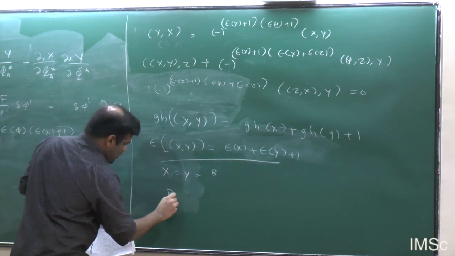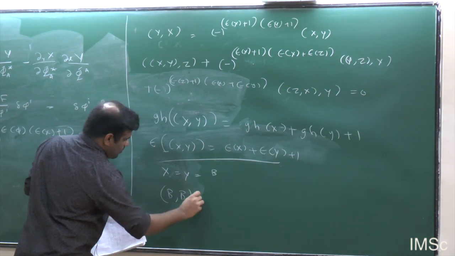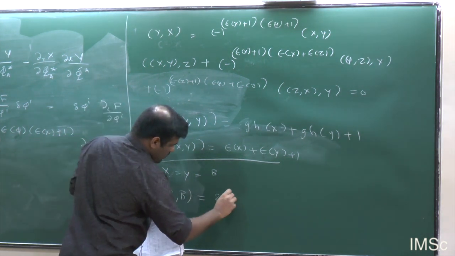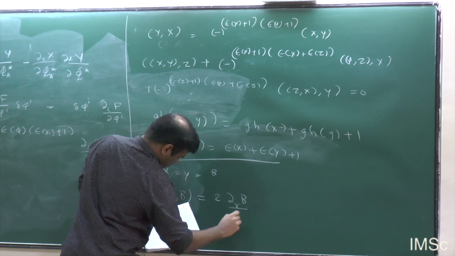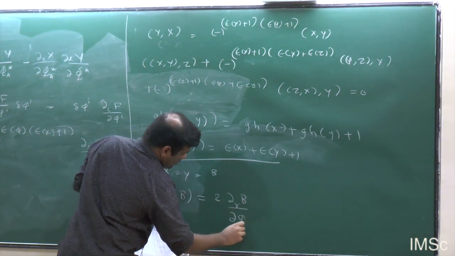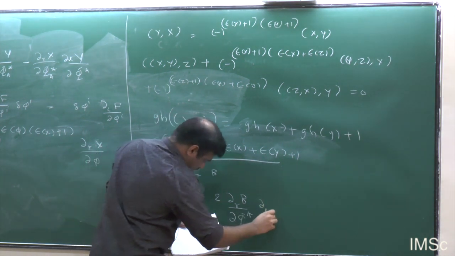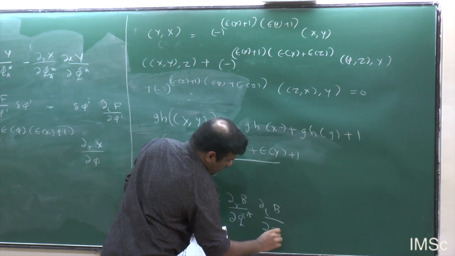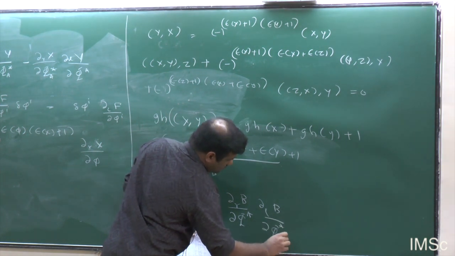Then it's easy to check that the anti-bracket of bb is given by 2 times the right derivative of b with respect to phi a, and the left derivative of b with respect to the anti-field phi star a.